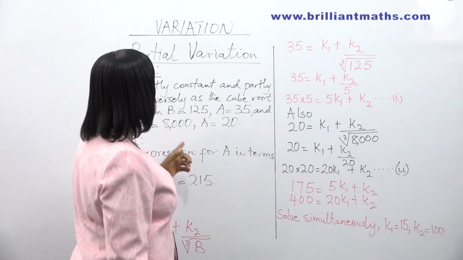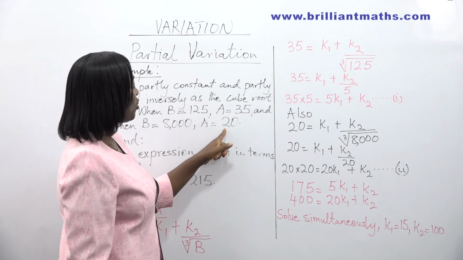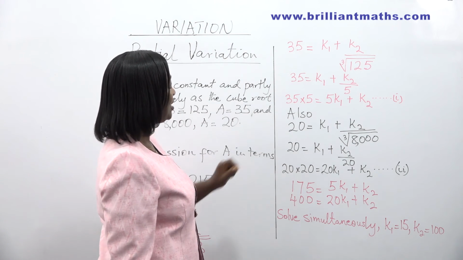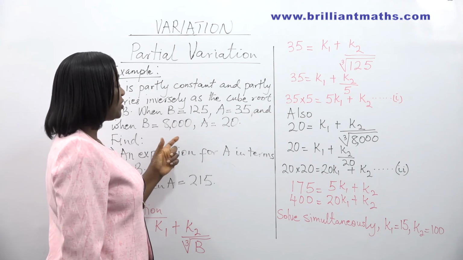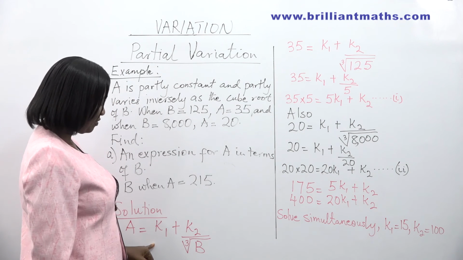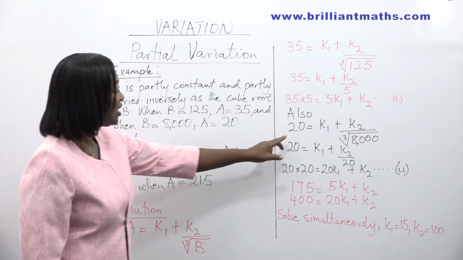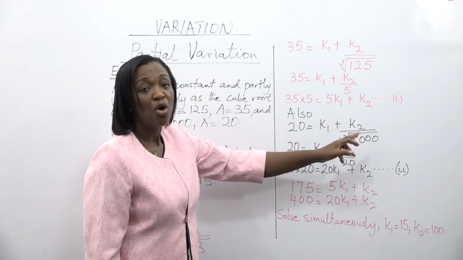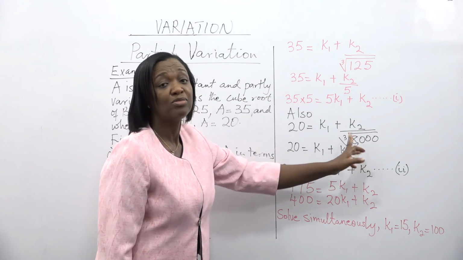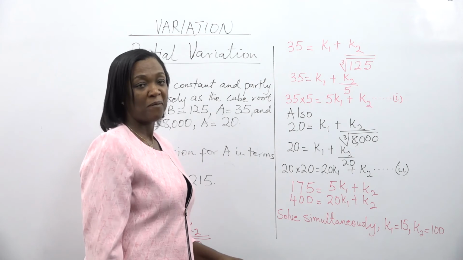So next we'll use the second values. When A is equal to 20, B is 8,000. So we're putting it back into the original equation. 20 is equal to K1 plus K2 over cube root of B. So that becomes cube root of 8,000.